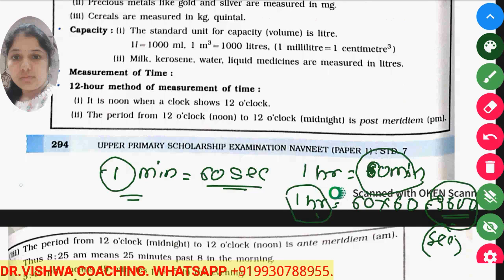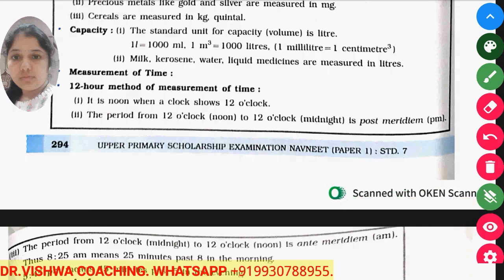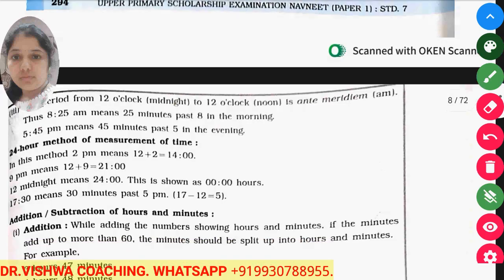Now in 1 day there are 24 hours. So in 1 hour if there are 3,600 seconds, in 1 day how many seconds are there? So 24 multiplied by 3,600. So you have to convert like this. You all know this conversion also.